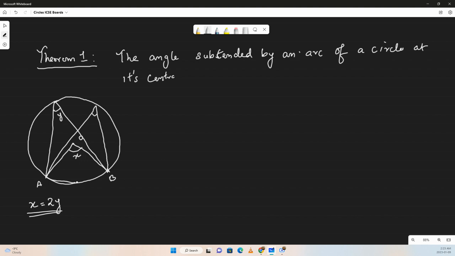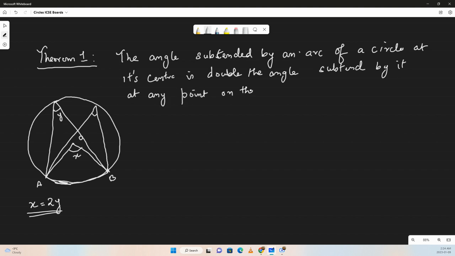The angle subtended by an arc, which is basically AB, at its center, which is the angle x, is double the angle subtended by it, meaning the arc, at any point on the remaining part of the circle.